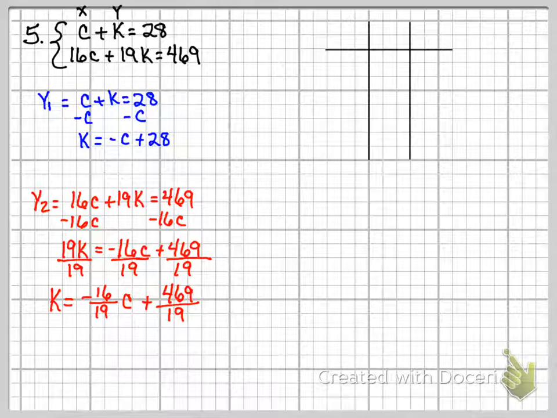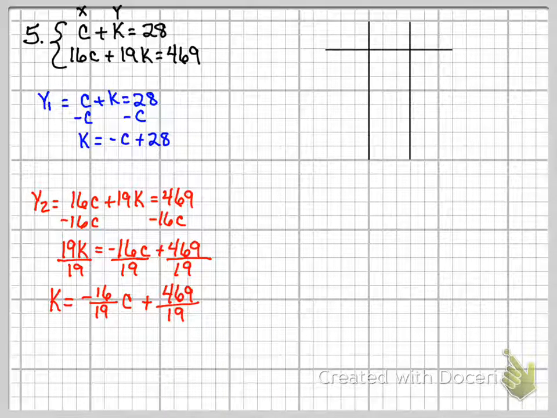Now, when you put this into the calculator, Y1's easy enough. You're just going to put negative X plus 28. For the next one, you're going to put a parentheses, negative 16 divided by 19, close parentheses, X, plus, open parentheses, 469 divided by 19, close parentheses.